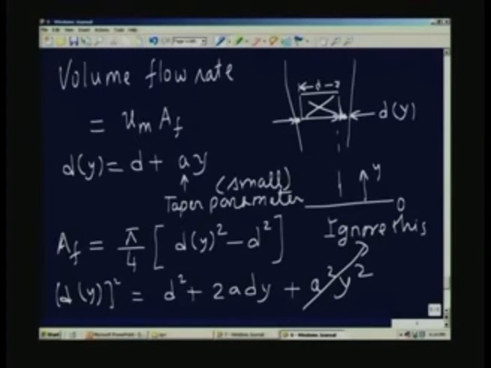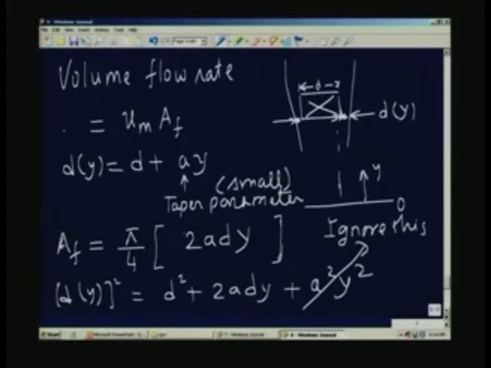If we ignore that, you see that D of y squared minus D squared, this D squared will cancel. So, this whole thing can be rewritten by taking the difference as 2 a D times y, and multiplied by pi by 4 it is equal to A f.